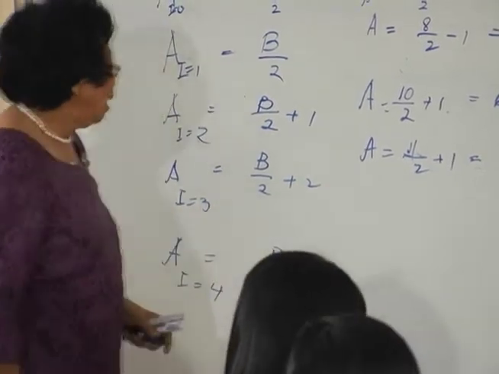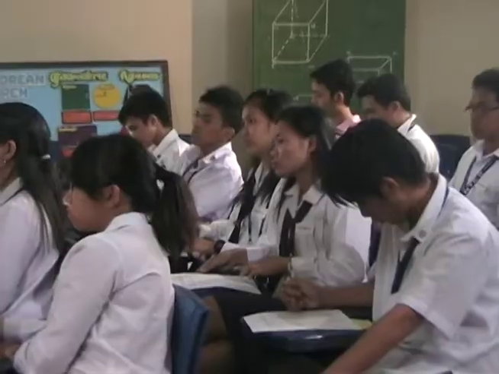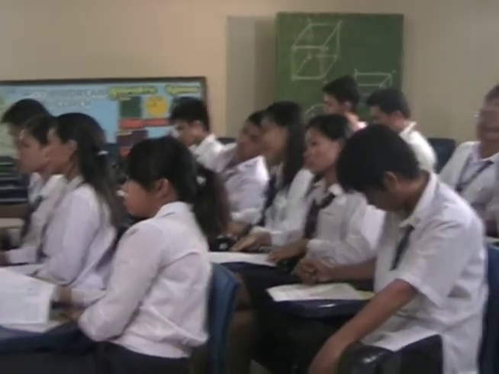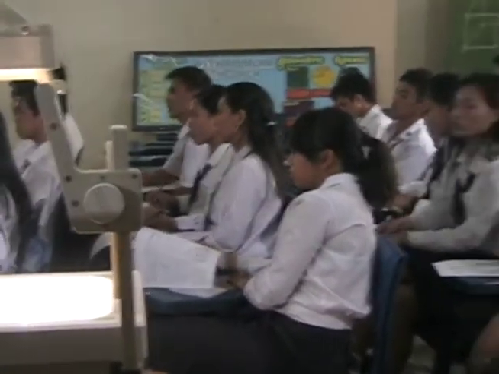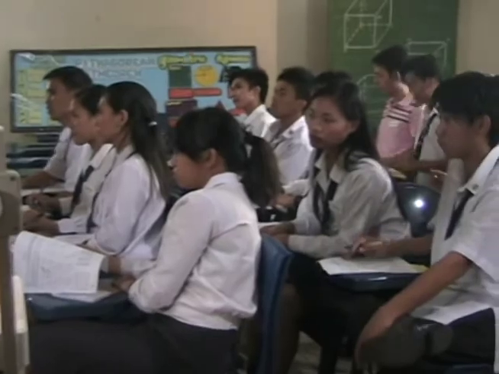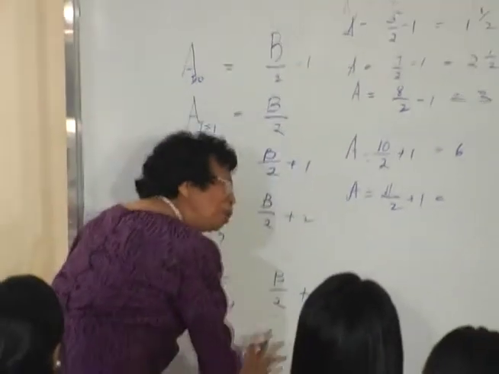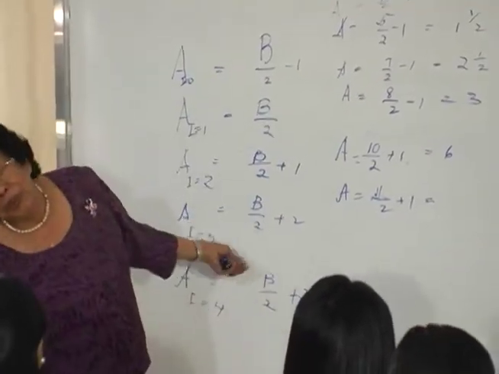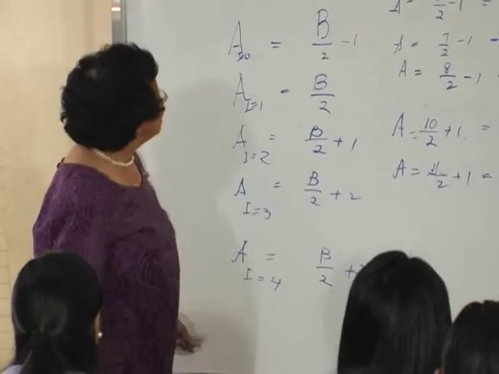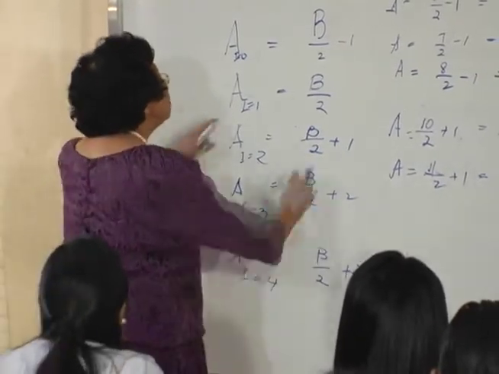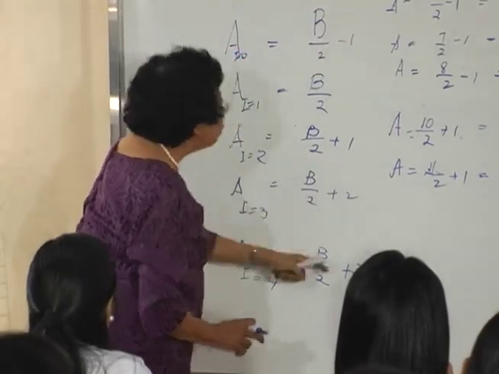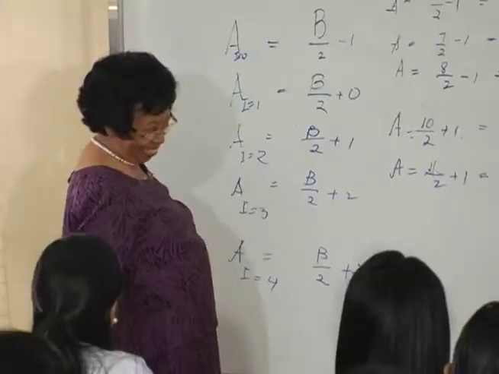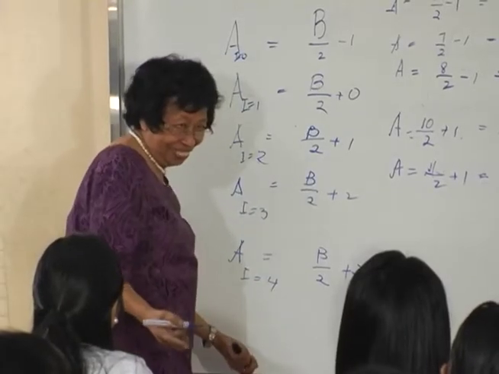Okay. Now, do you see a pattern? What is occurring all the time? Which part of the formula is the same? B over 2, all of them have B over 2. That's why you get a 1/2. Is it not? But is there a relation between this? Is this a pattern? Minus 1, plus 1, plus 2, plus 3. What is missing here? 0. Okay. Now there's a pattern, right?